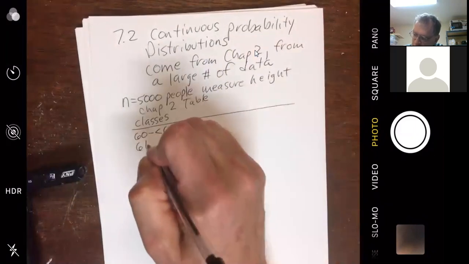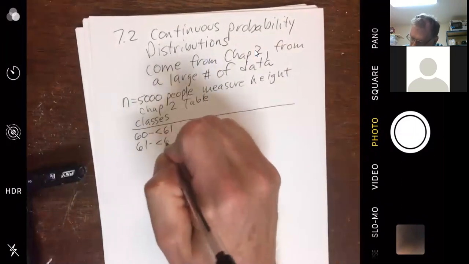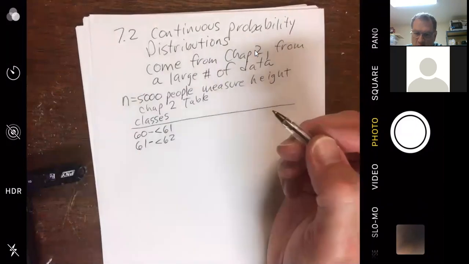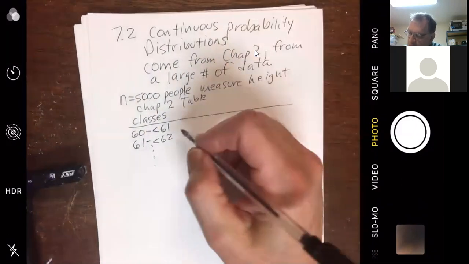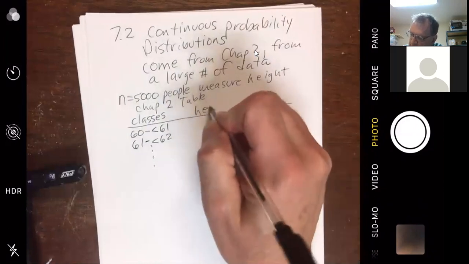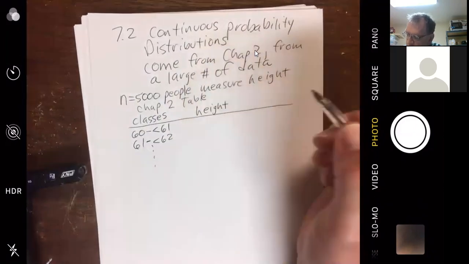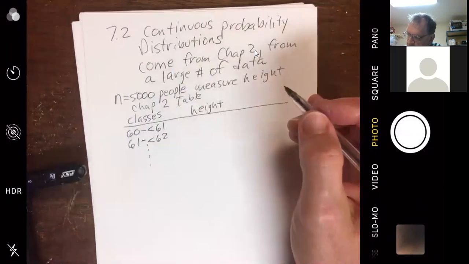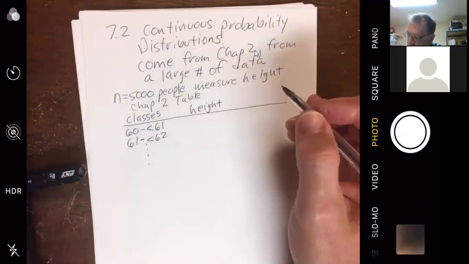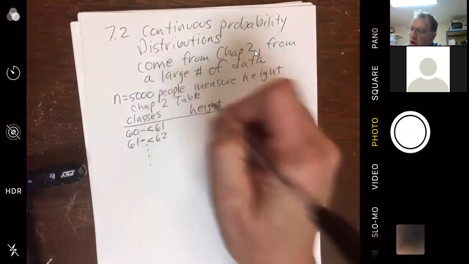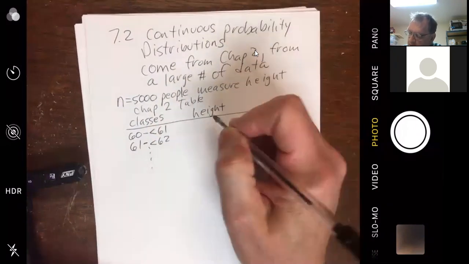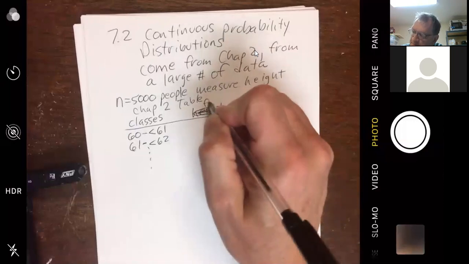And 61 to less than 62. All right, so this is going to go on down. And so height, we're going to make this, let's see. Well, this is the height. Oh, I'm sorry. I meant frequency.